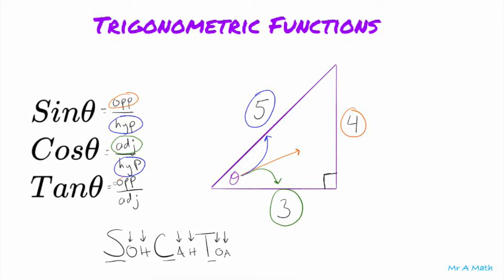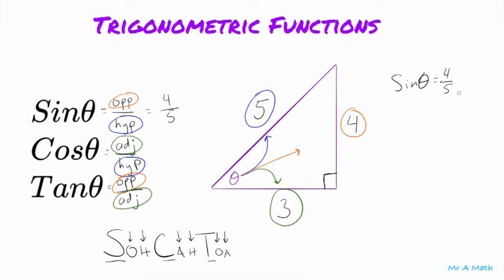So let's make sure we color code all of these the same way, and let's find our answers. If sine is opposite over hypotenuse, we look at what the opposite is. That's 4 over the hypotenuse, which is 5. A lot of times you can write your answer as sine of theta equals 4 over 5.